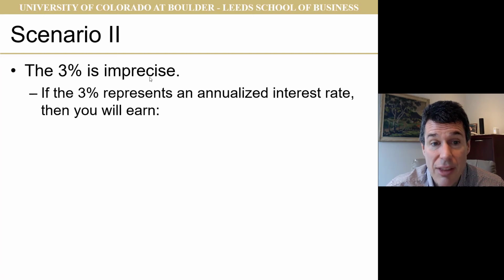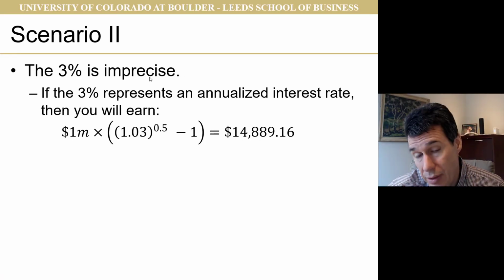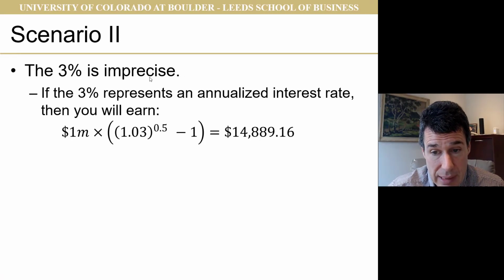Now, the 3% is imprecise, right? The 3%, if it represents an annualized interest rate, you're going to earn $14,889.16. It's $1 million times 1.03 to the 0.5, that's that future value formula, minus 1, because we have to figure out just the interest, and we end up with 14,889.16.